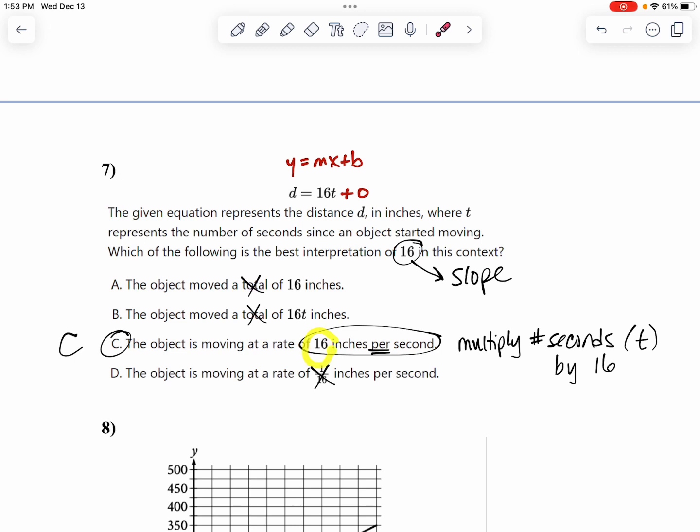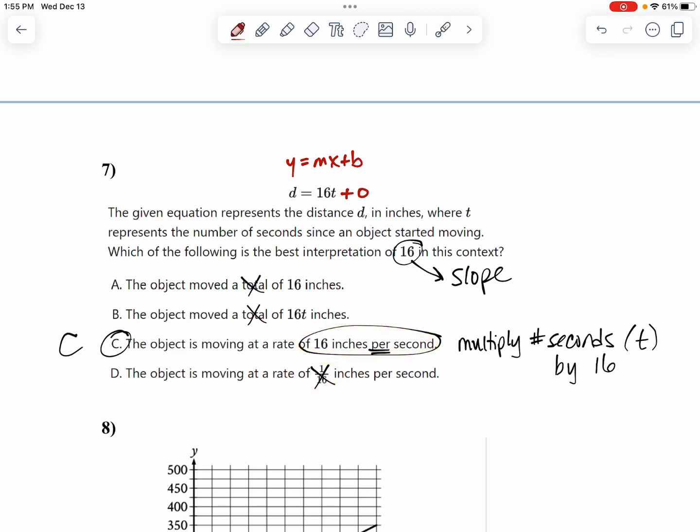The difference between the 16 and the 1 over 16 is that the x in this case is the t, because looking at those two equations, they're just swapping out x for t, and t is time. And so the rate is d inches for t time. In that case, it's 16 inches per second, and it's not 1 over 16 inches per second.